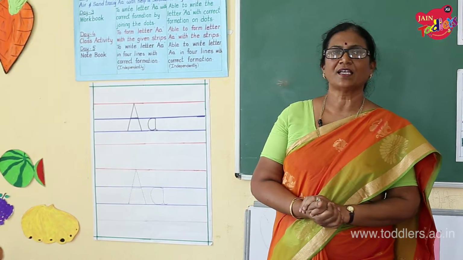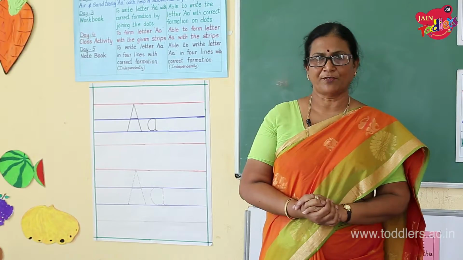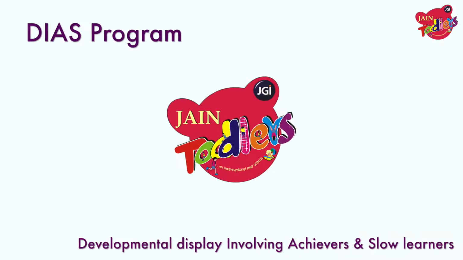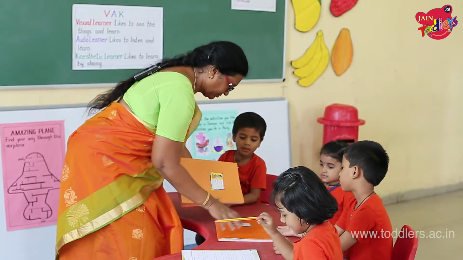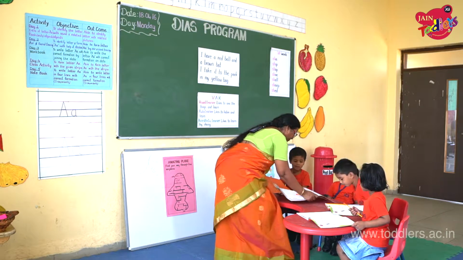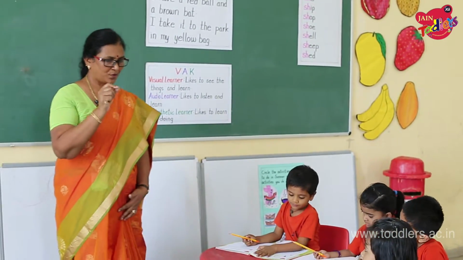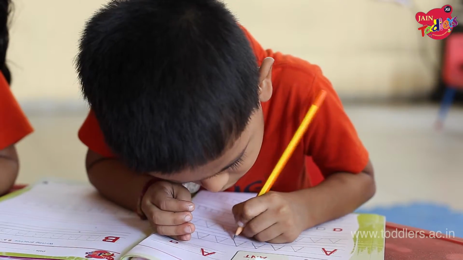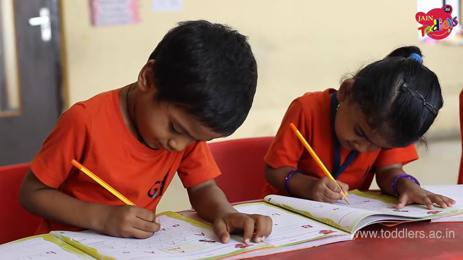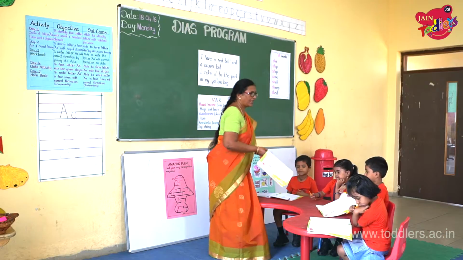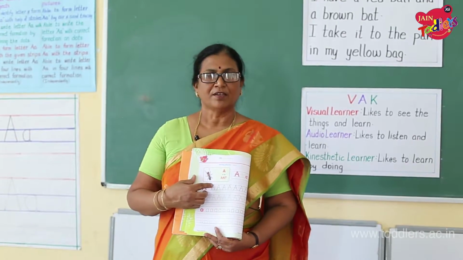Day 3. Day 3 is the workbook. The child writes on the dots in the workbook with the correct formation letter A. Children, write neatly with the help of strokes letter A. The outcome of it is the child is able to write letter A with the help of strokes with the correct formation.